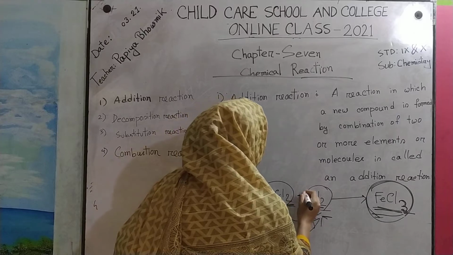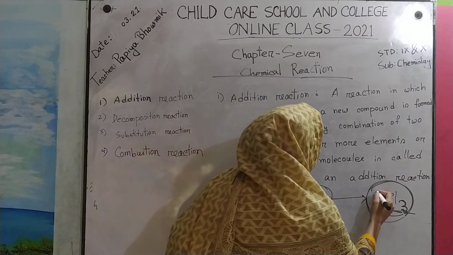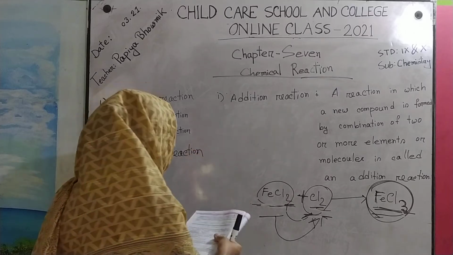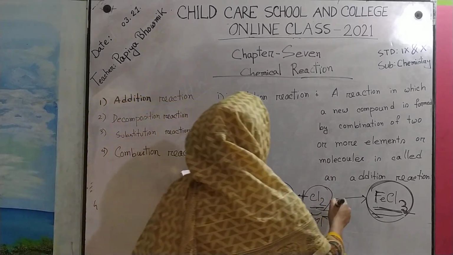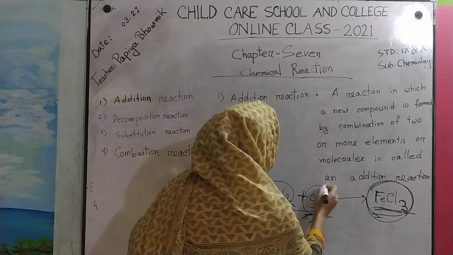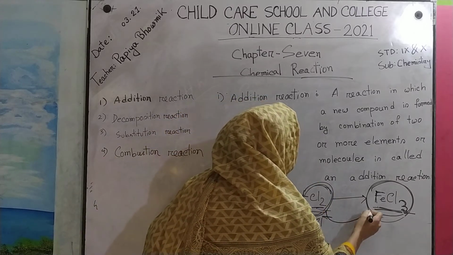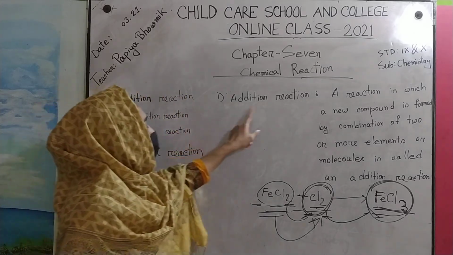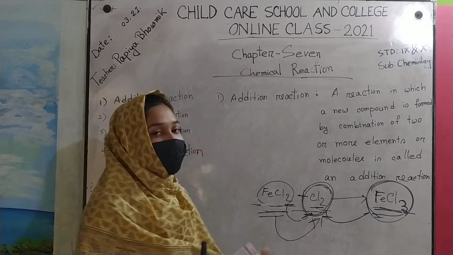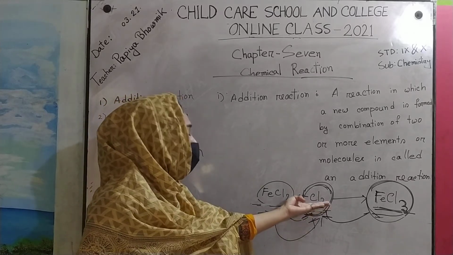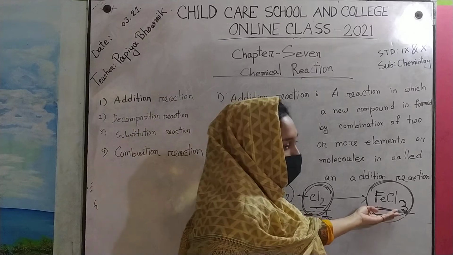FeCl2 plus chlorine gives FeCl3, that is an addition reaction. Here no compound is broken, only one compound is added and we get a new compound. So addition reactions mean a compound or molecules are added and we get a new compound.